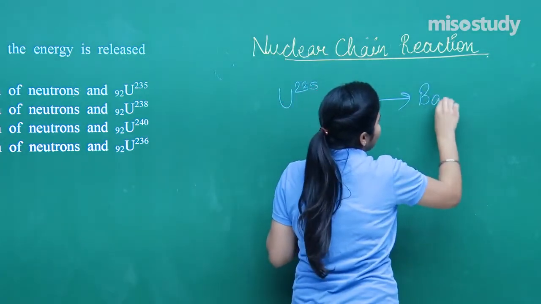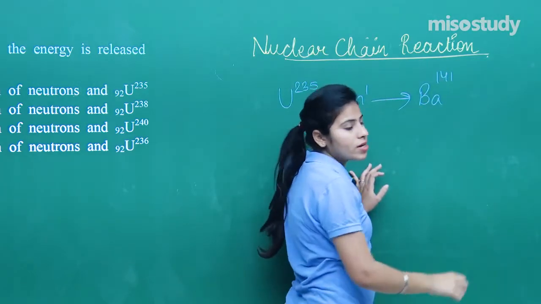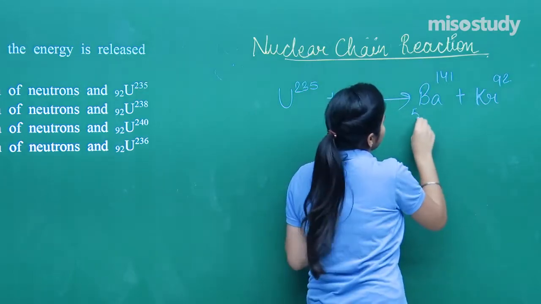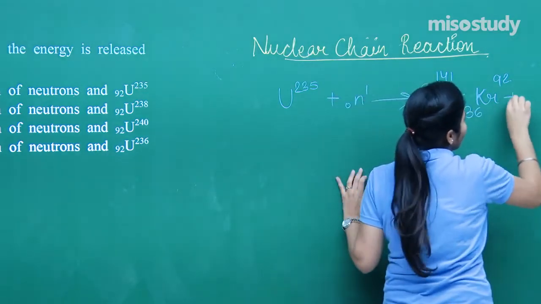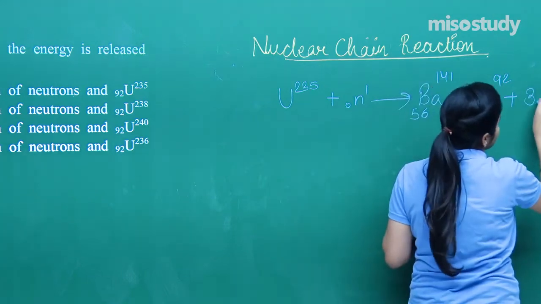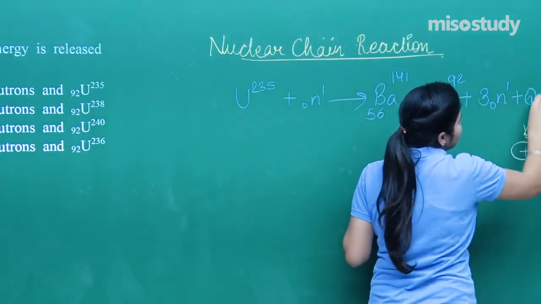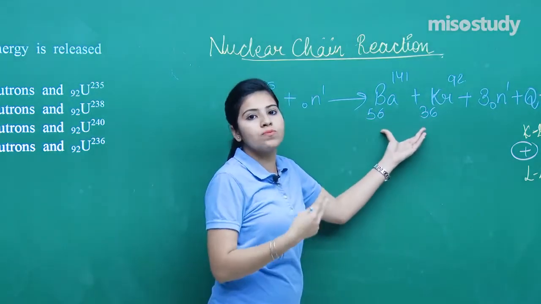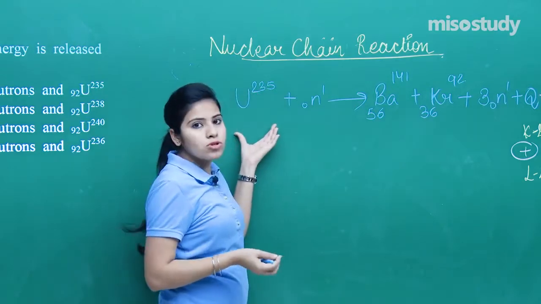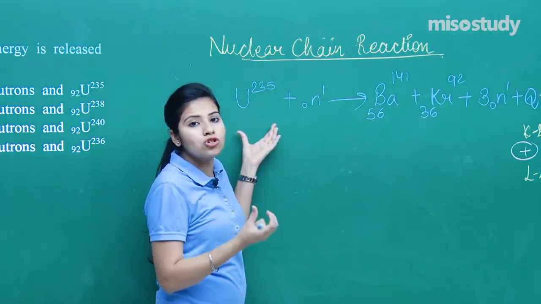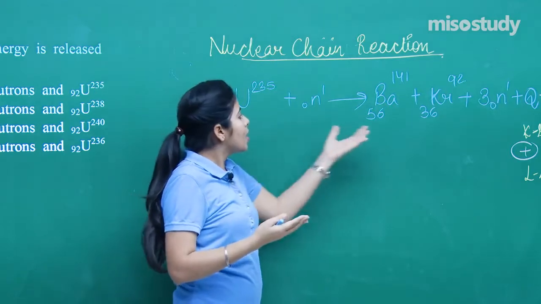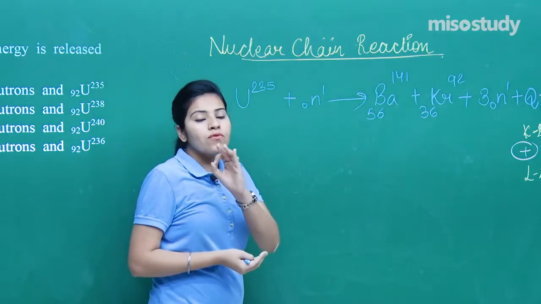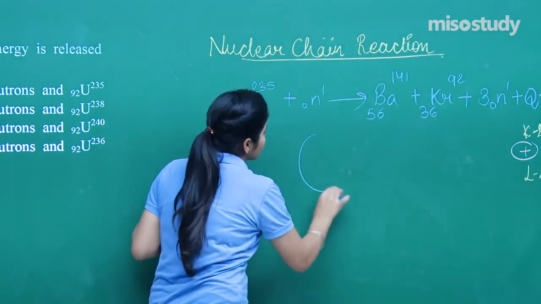We will have barium with mass number 141 and krypton with mass number 92, with atomic numbers 56 and 36. Along with that, we will have 3 neutrons plus a lot of energy. Now what is the nuclear reaction? You can see there are 2 fission products. One isotope of uranium is undergoing fission in the form of 2 fission products. So let me just show you here.